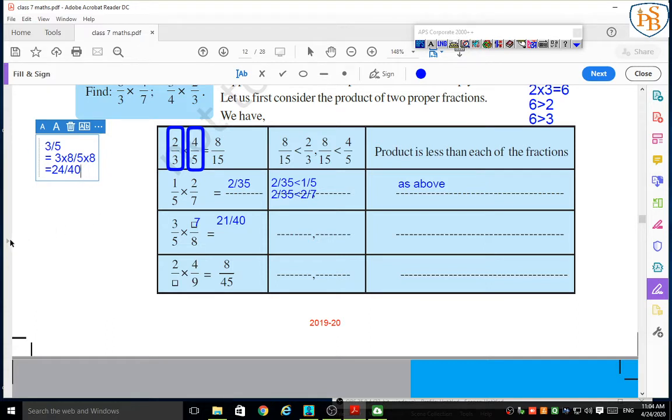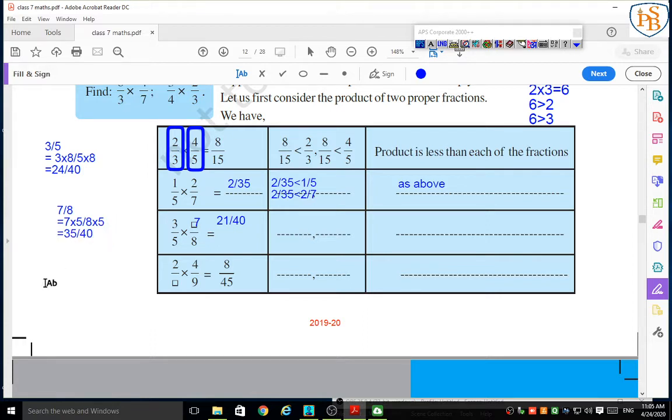Now the next fraction is 7 upon 8. We want denominator 40, so we have to multiply it by 5. So I will write 7 into 5 upon 8 into 5. I will get 7 5s are 35 upon 8 5s are 40.